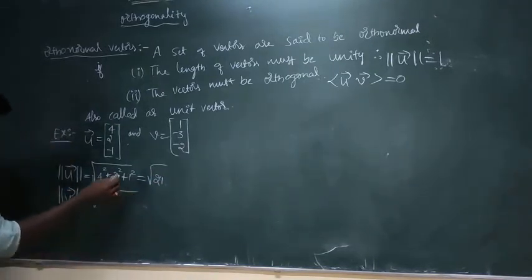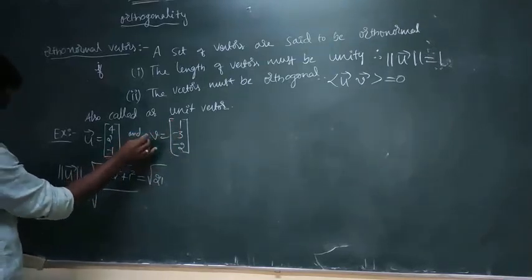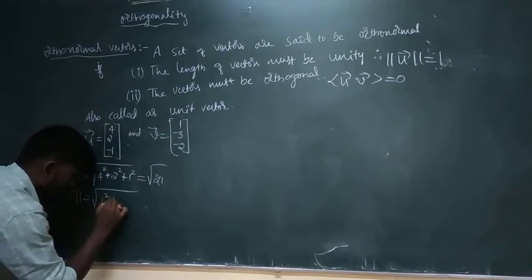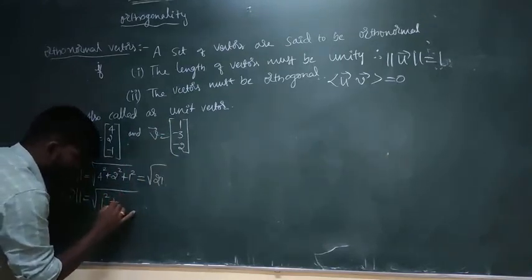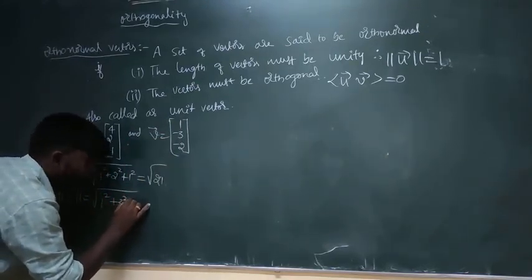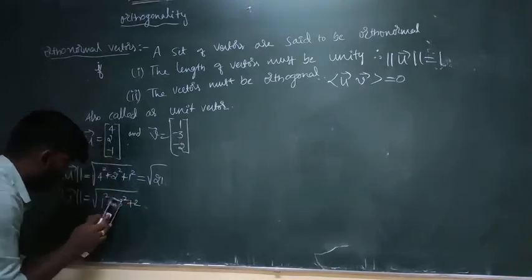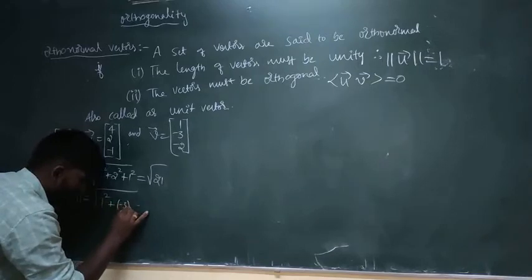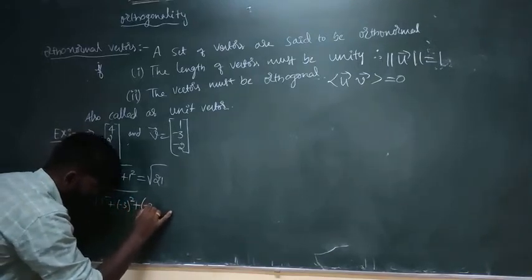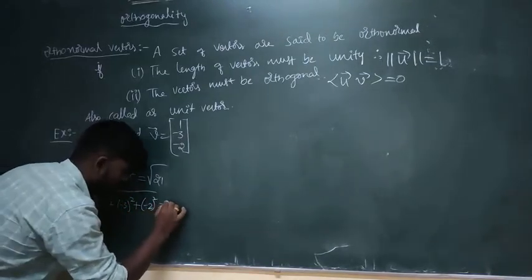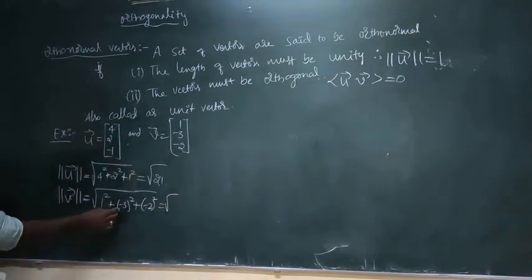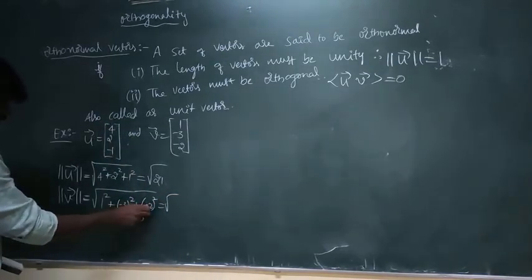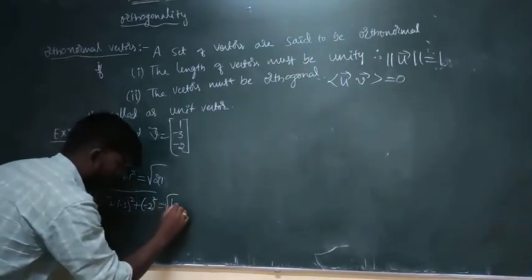of V is the root of the sum of squares of each element in vector V, (1, -3, -2): 1 square plus (-3) square plus (-2) square, which equals root of 1 plus 9 plus 4, that is 14.